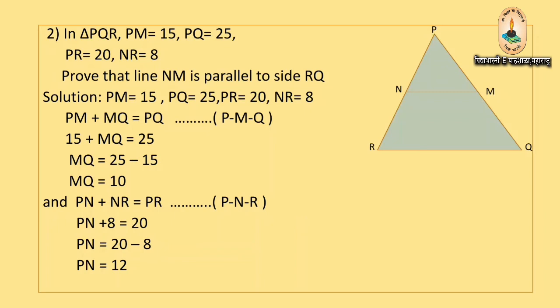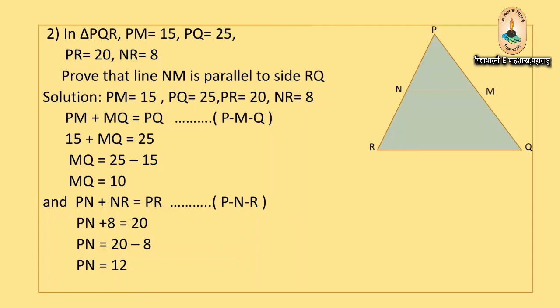First we write the given things, that is PM is equal to 15, PQ is equal to 25, PR is equal to 20 and NR is equal to 8. Here we use the converse of basic proportionality theorem.